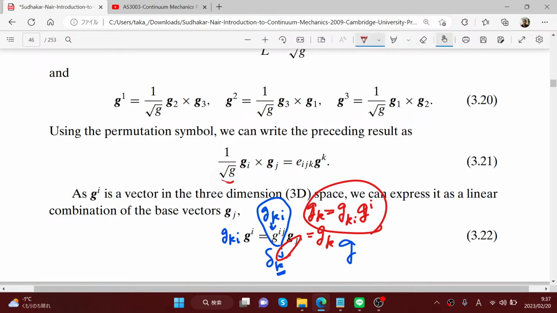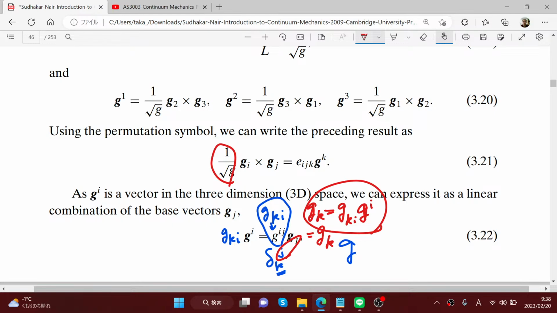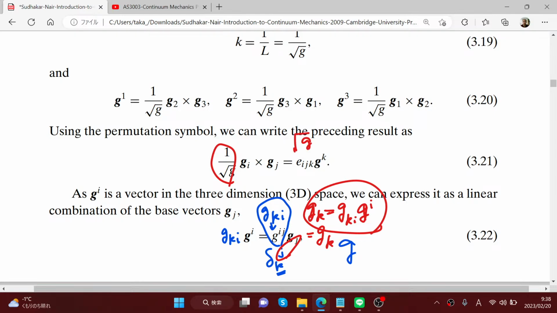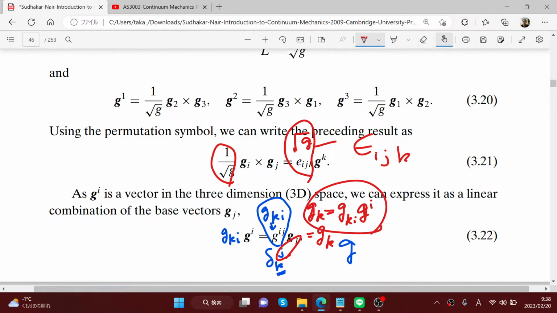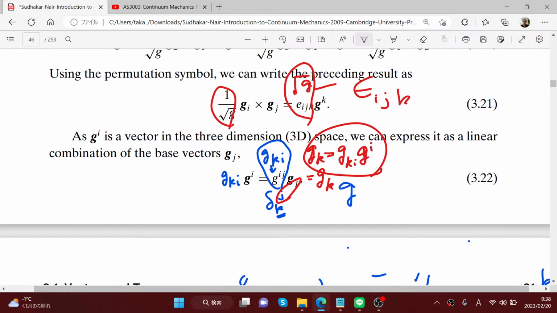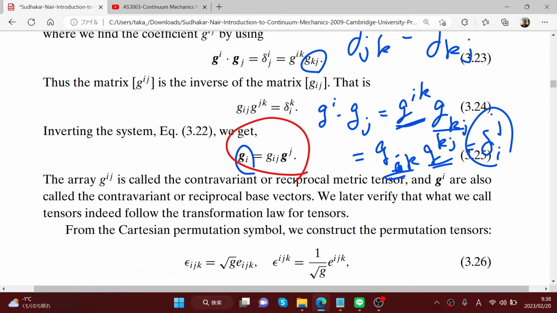You put this G factor here, so you have the square root of G, and you redefine this to be epsilon ijk. That's it, I think. You just redefined epsilon ijk.